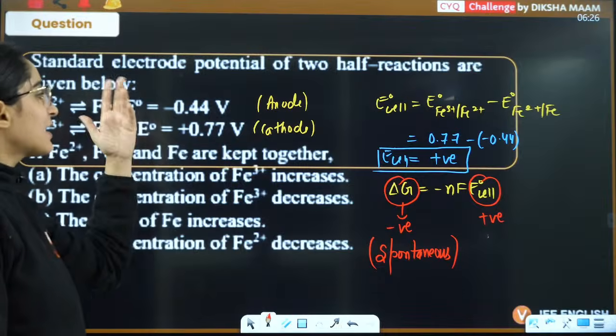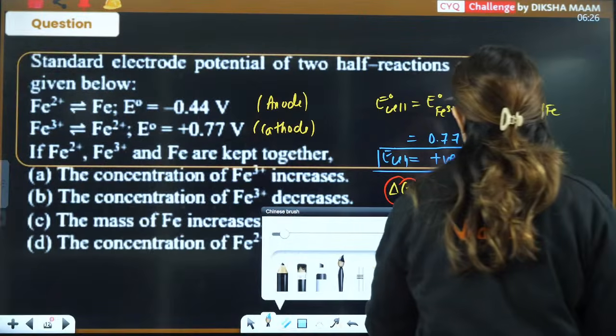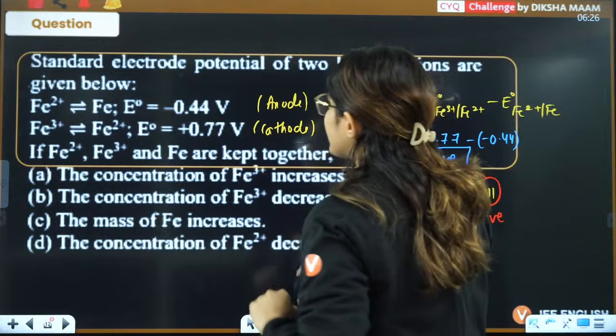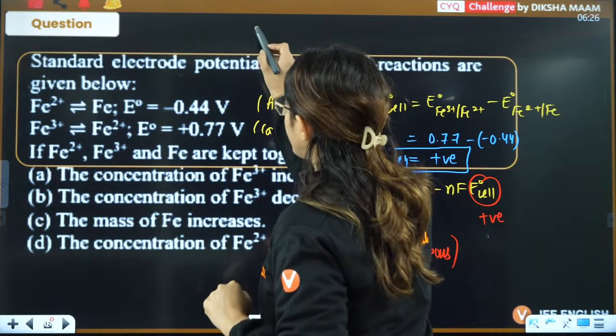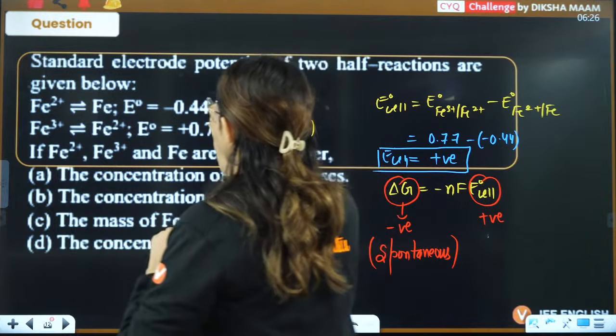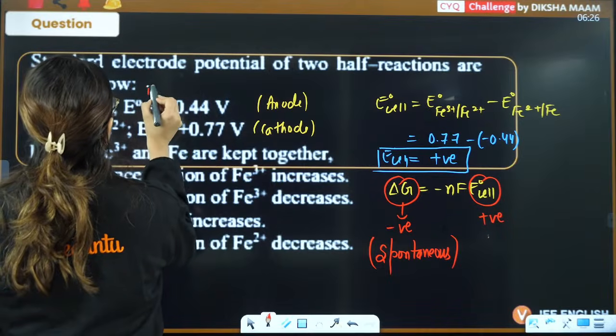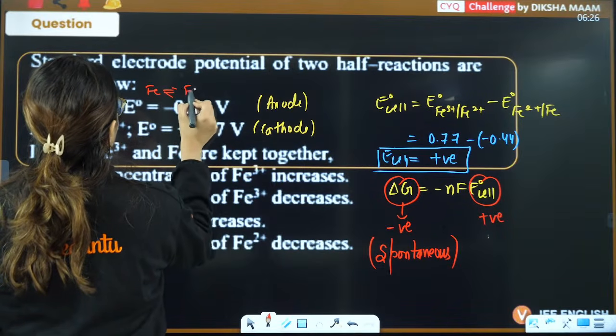Spontaneous means this reaction will take place in the forward direction. And at the anode, Fe is getting converted to Fe2 positive.